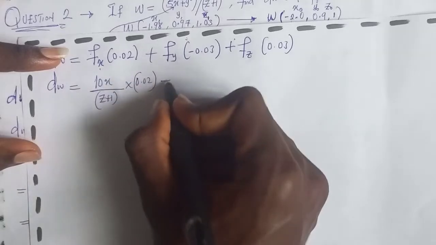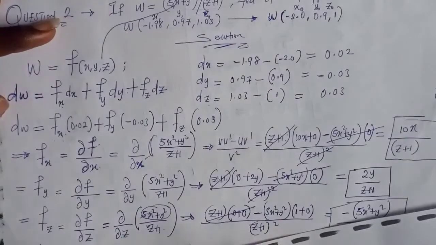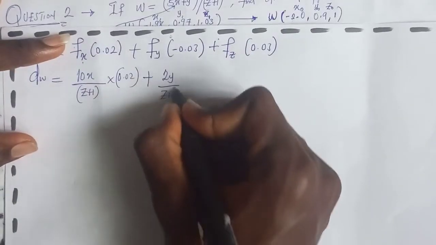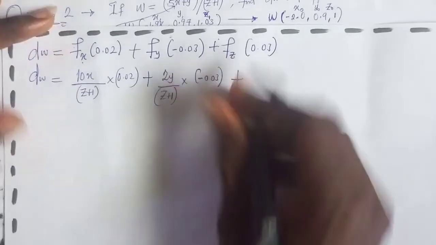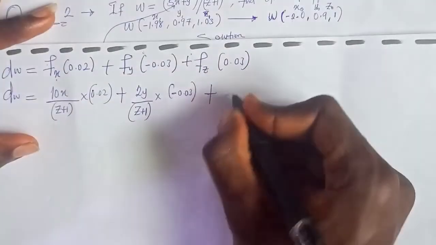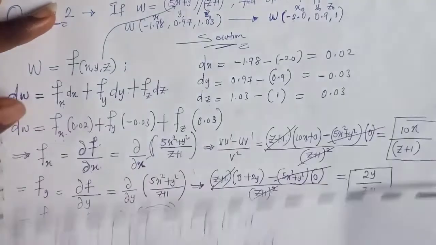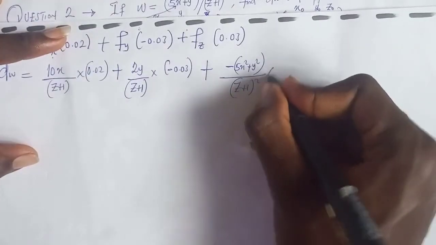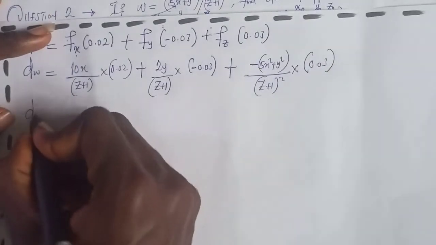Take note of that. Plus, what's fy? Fy is 2y over z plus 1, times negative of 0.03. Finally, we have fz. Fz is this expression we have here, the negative of 5x squared plus y squared inside the bracket divided by z plus 1 squared. Mind you, this is still multiplying 0.03.